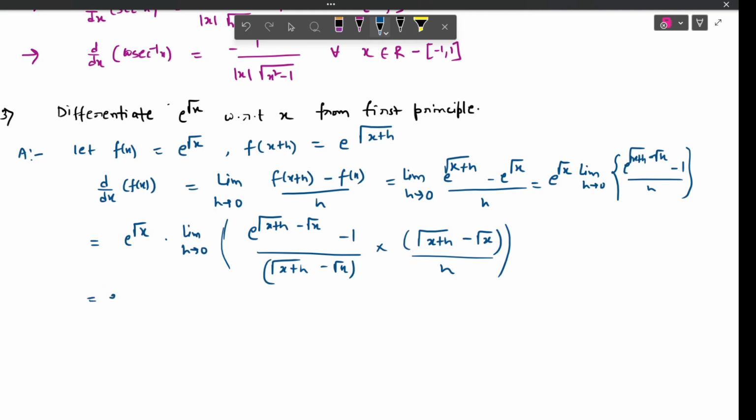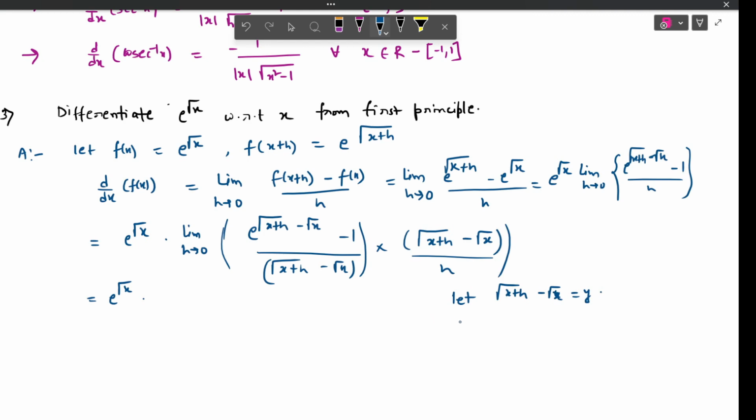Now this would be e to the power root x, limit. Let us say this term, root of x plus h minus root of x, is your y.